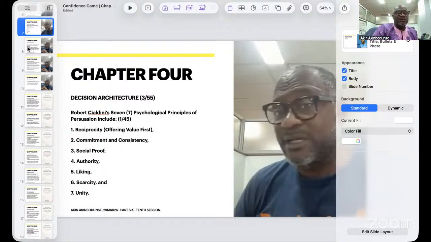And the second one, what we said is commitment and consistency, kind of taps into the human nature or desire or craving to be consistent. So you try to get the person to commit, knowing that once the person commits, that human nature in us wants to be consistent with what we have already committed to or what we have done before, what we're used to.